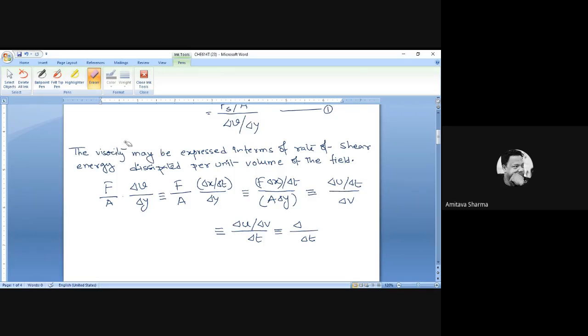This is equation 2, where del W is the energy dissipated per unit volume.